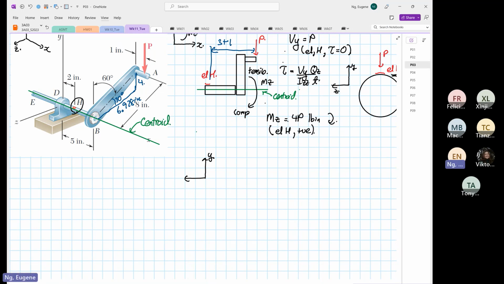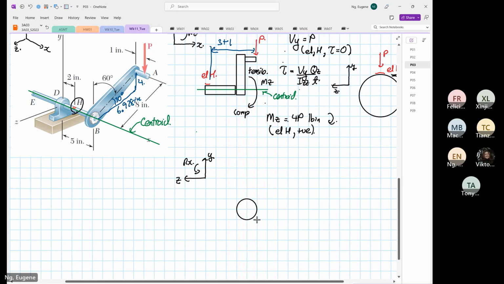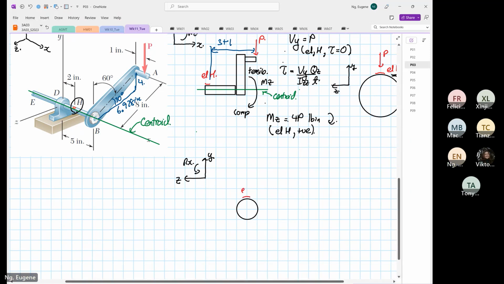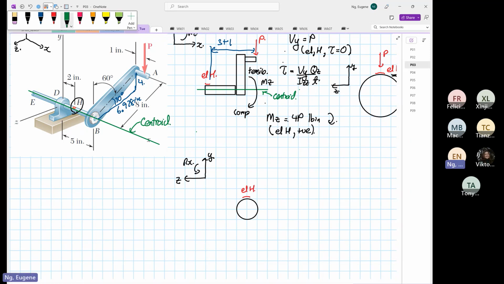So this is Y, this is Z, and this is our rotation X. I'm just going to sketch this out. So we have our shaft. This is where our element H is. And more importantly, this is our centroid.